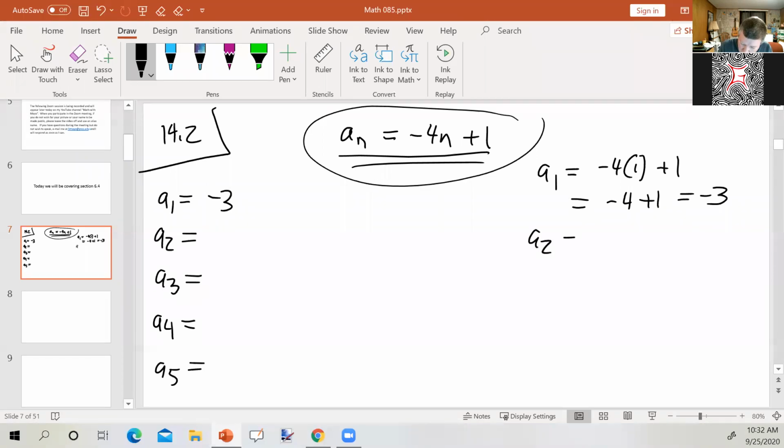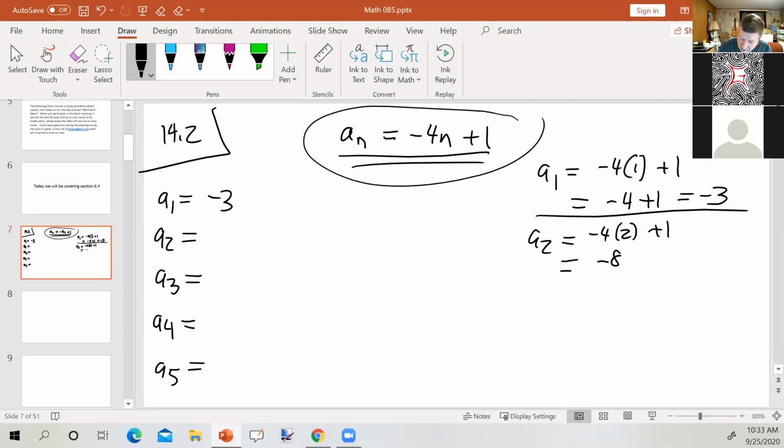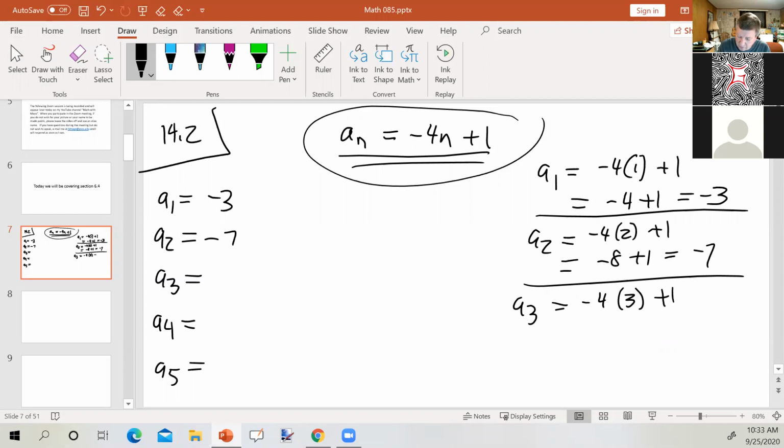A sub 2 would be -4 times 2 plus 1, which is -8 plus 1, or -7. A sub 3 would be -4 times 3 plus 1, which is -12 plus 1 equals -11.